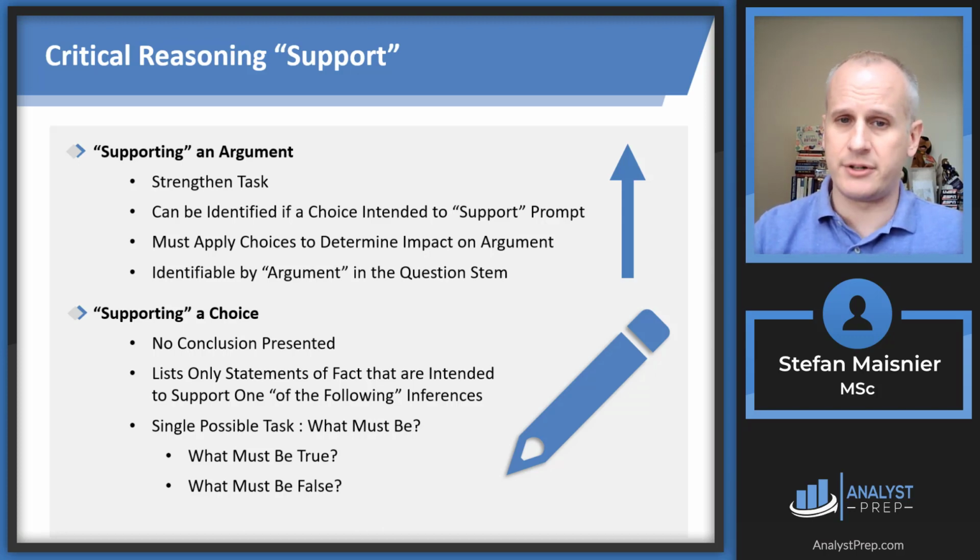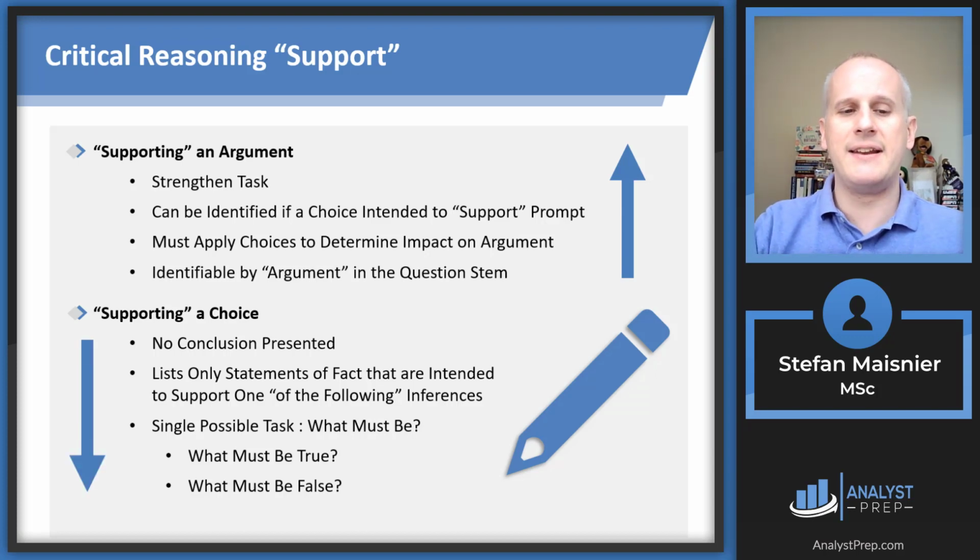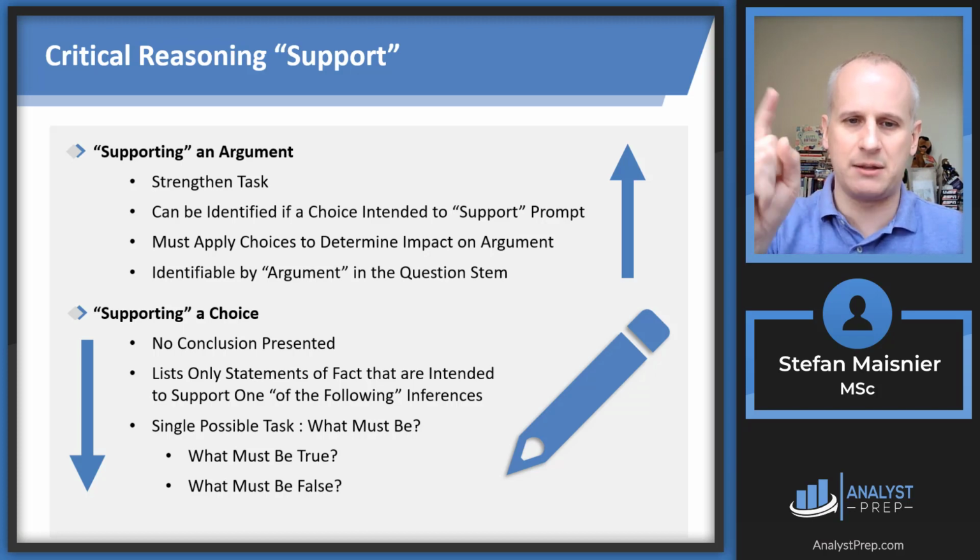And it can be either, so you have to be careful about what you are trying to determine must be without ambiguity. And you're going to know these style of support questions because the prompt is going to lead to a choice. So if you've got to take the prompt and apply it to determine which of the choices is true, you're really looking at an inference task, regardless of the term support.